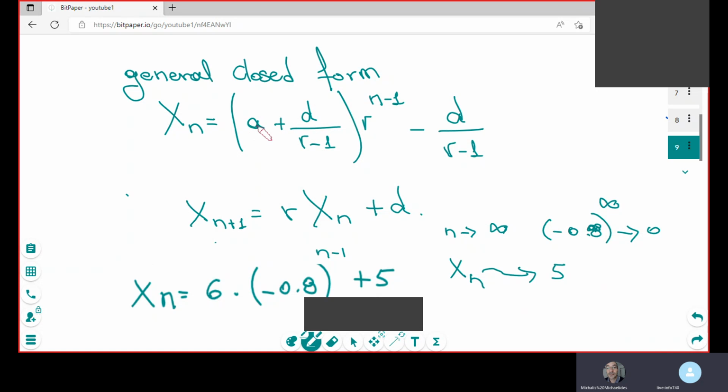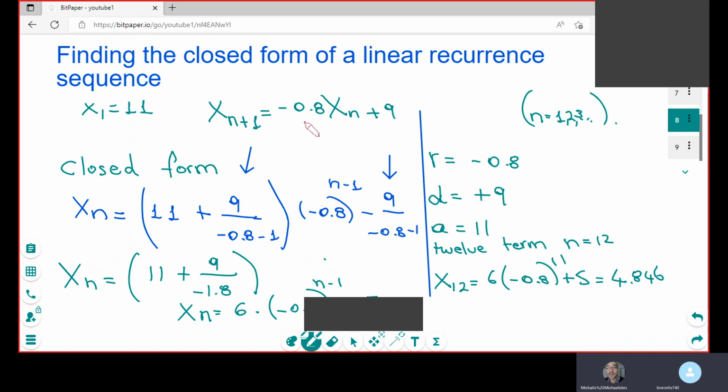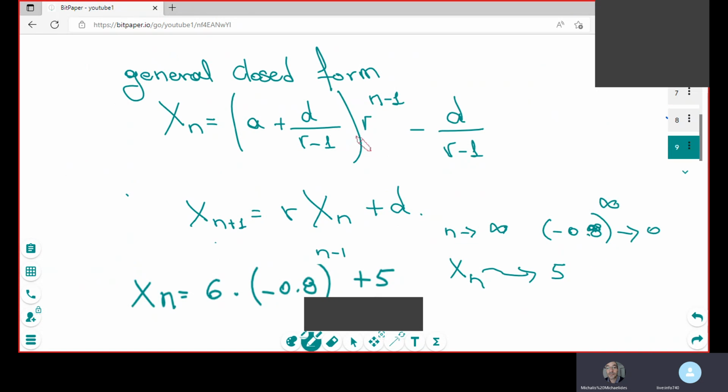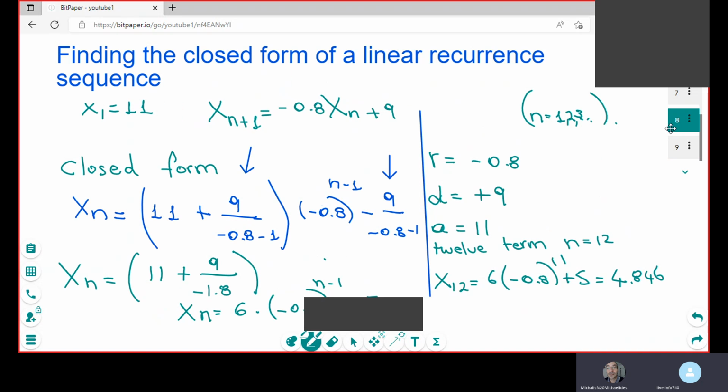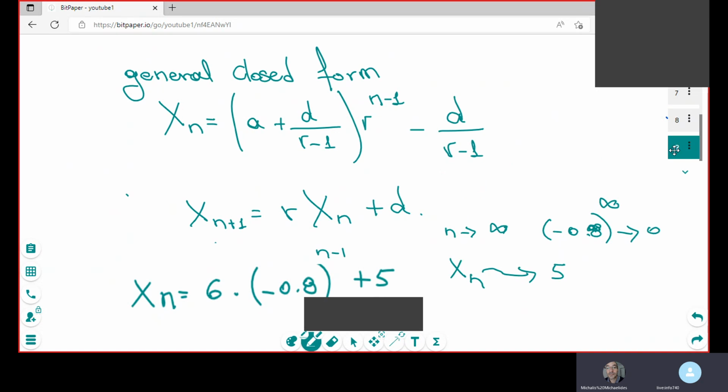The a is the first term of the sequence, the d is the constant at the end of the formula, given in the rule, plus 9, and the r is the number in front of the x, the previous term, so it's like the gradient, which is minus 0.8. And this answers this question.